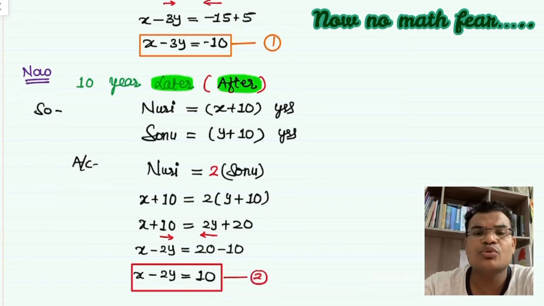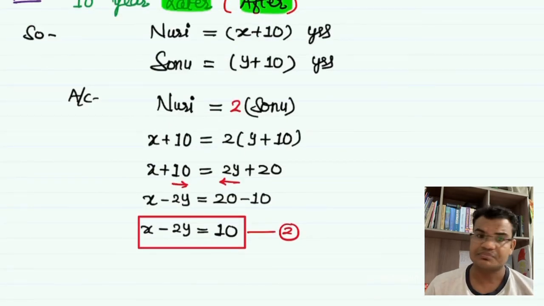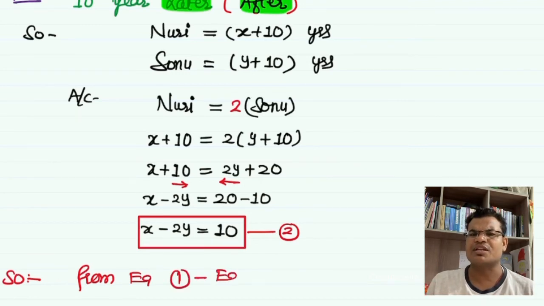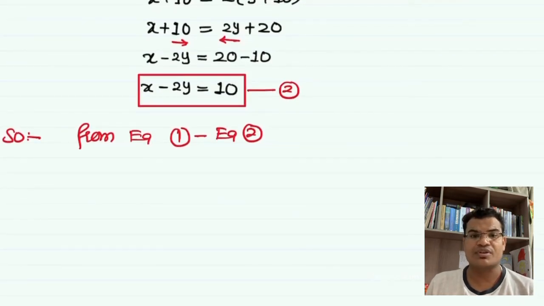Now guys, we have to solve these two equations by the elimination method. As we know, in equation number 1 and 2, the coefficients of variable x are the same. So we can simply do equation 1 minus equation 2, or subtract 2 from equation number 1.